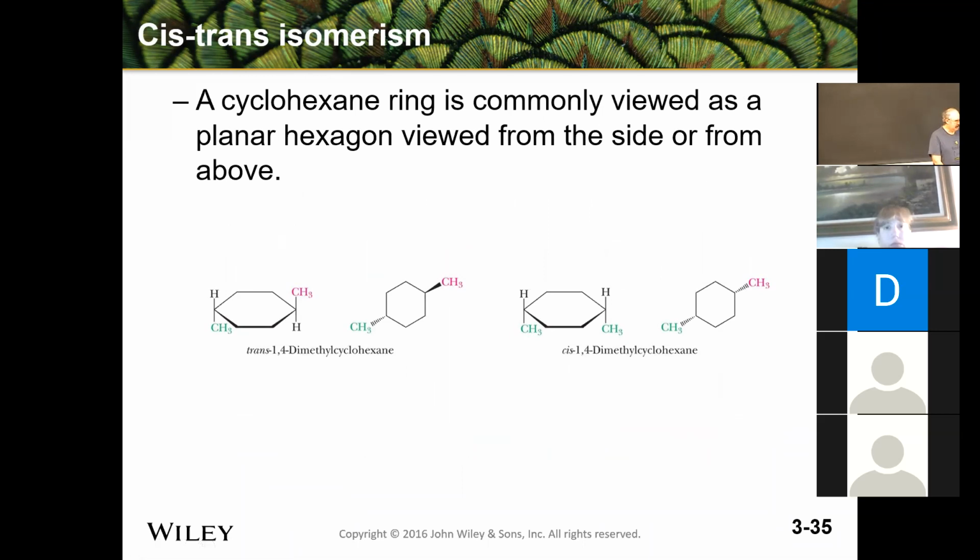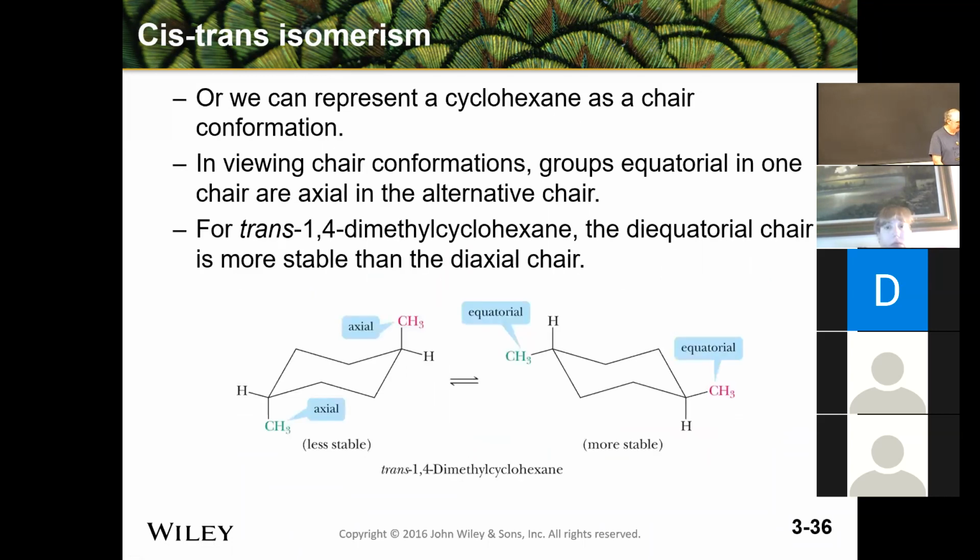So here's the hexagon form of cyclohexane, showing the cis and trans 1,4-dimethyl. These are both trans isomers.